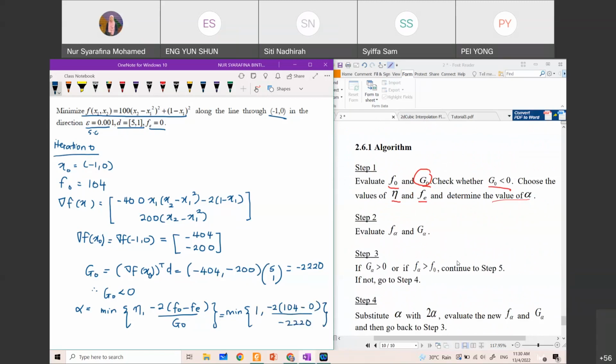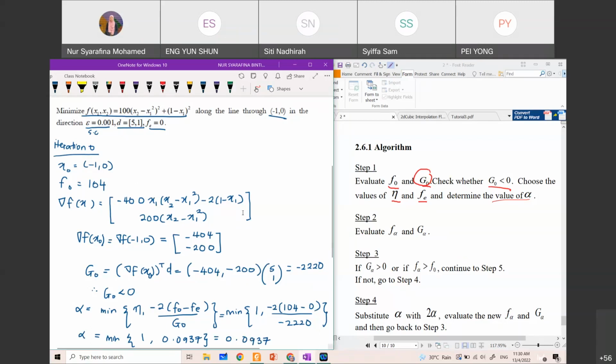Now it is either 1 or 0.0937. We need to choose the minimum one, so alpha equals 0.0937.